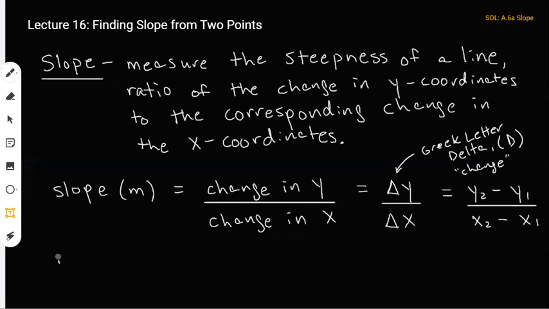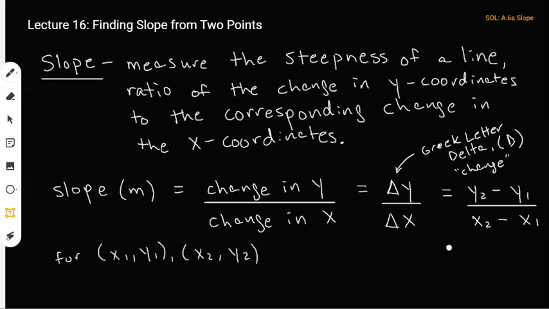And that's going to be for the 2 points x1, y1, and the second point x2, y2. The 1s and the 2s are just subscripts. They tell you which point the x value and y value are coming from. So if they have a subscript of 2, they're coming from the second point. And if they have a subscript of 1, they're coming from the first point.